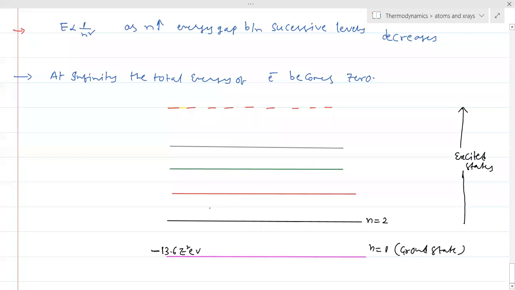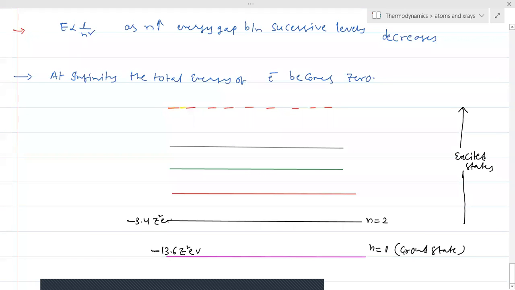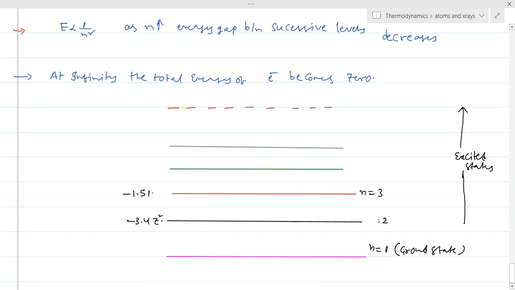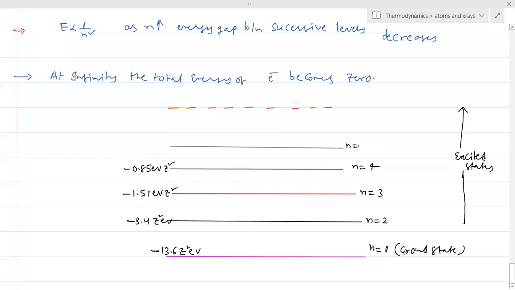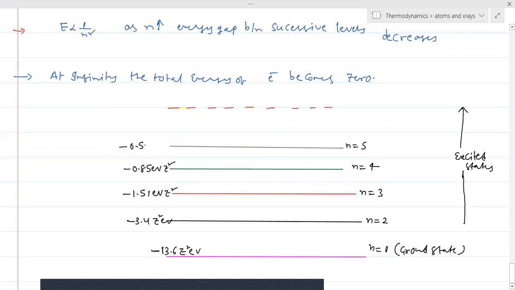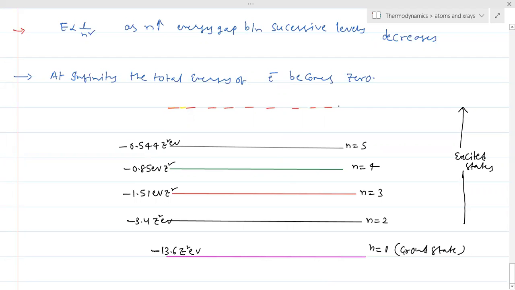For n equal to 2, we have minus 3.4 Z square electron volts. For n equal to 3, minus 1.51 Z square electron volts. For n equal to 4, minus 0.85 Z square electron volts. For n equal to 5, minus 0.544 Z square electron volts. When we take n equivalent to infinity, that is 0 electron volts.